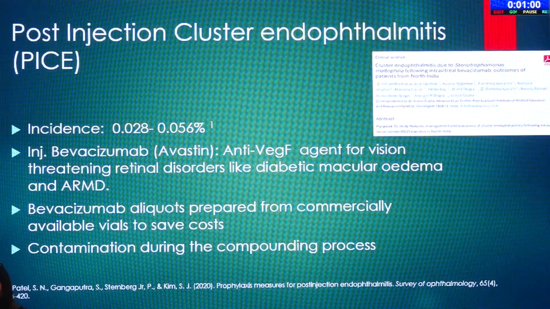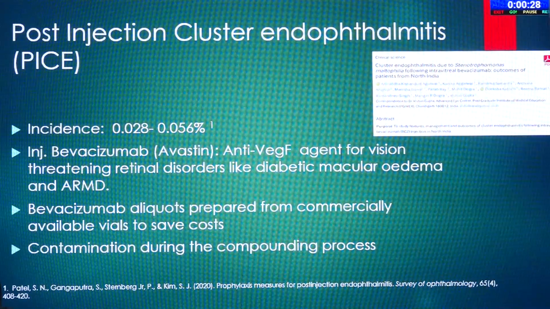So you might be dealing with a cluster there. I would also like to touch upon this: normally when we talk about cluster endophthalmitis, we think about camp situations and cataract surgeries done there. But there is another recent epidemic of post-injection cluster endophthalmitis. The reported incidence is between 0.028 and 0.056%, more so in the Indian setup, because we are using injection bevacizumab.